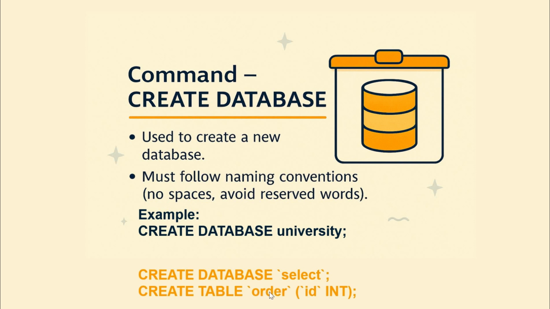Here we have another example, order. Order is also a reserved word. So if we want to use it as the name of a table or database, we also need to write this word between 2 backticks. These are backticks, not the normal single quotation or double quotation.